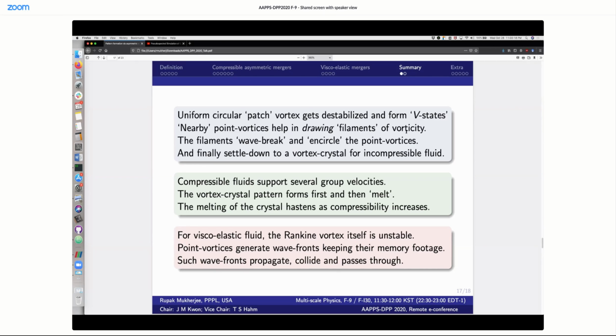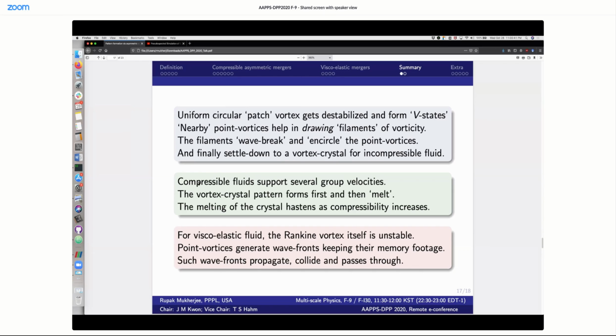So if you put the point vortices nearby, they allow the patch vortex to create and draw the filaments out of it. And these filaments wave break and encircle the point vortices and finally settle down to a vortex crystal for incompressible fluid, for the first part of the talk.